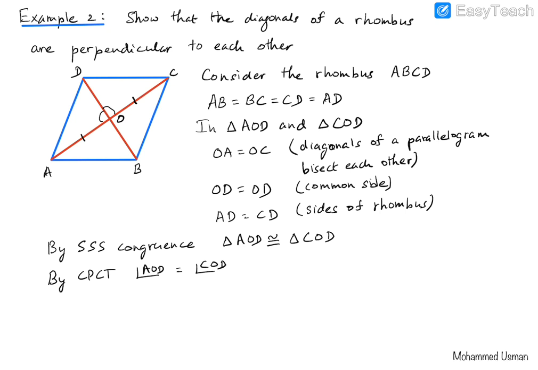But we also see that the diagonal AC is a straight line on which a ray OD is standing, so angles AOD and COD are a linear pair of angles, right? In a linear pair, the sum of the two angles is 180 degrees.